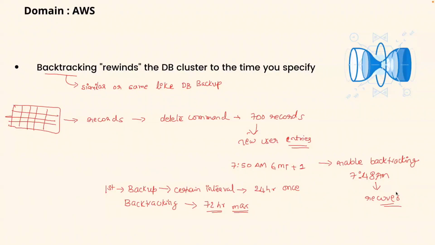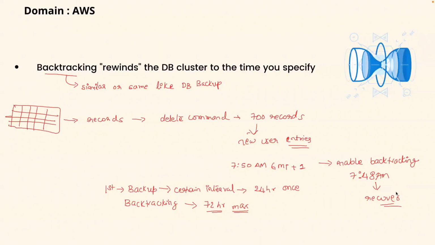So this can be achieved using backtracking. The difference between backtracking and, let's say, DB backup is that backtracking is limited to a 72 hour window, as I mentioned earlier, and the backup is a complete backup of a database.